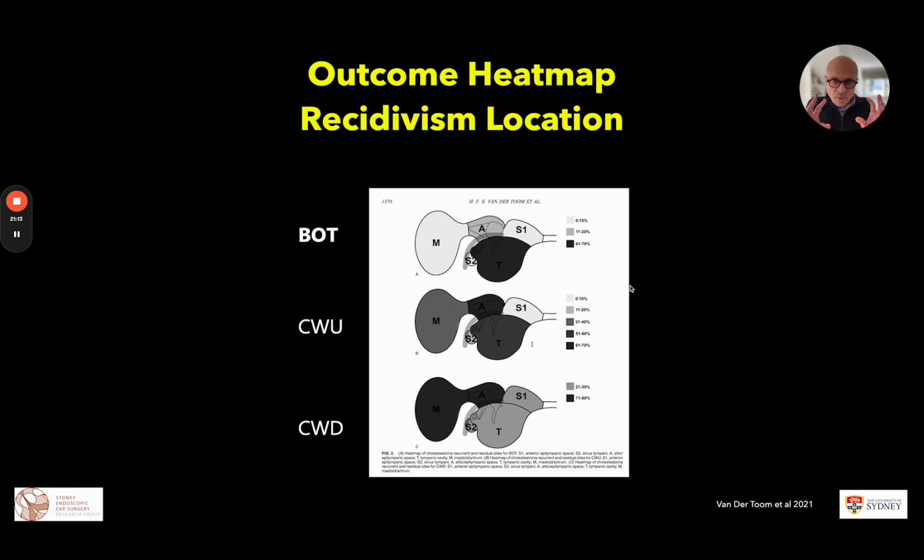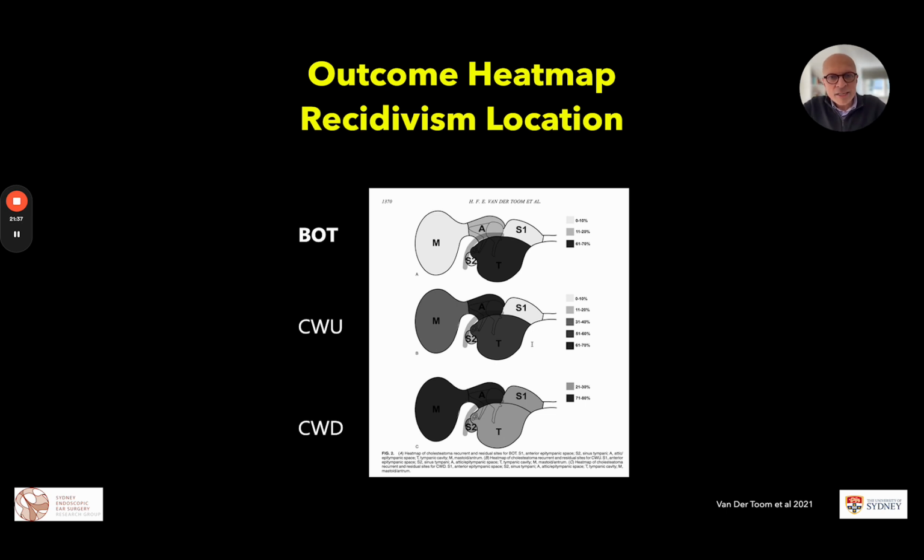Now, we know that we've got several randomized research trials in adults that demonstrate that the use of the endoscope in the middle ear has advantages compared to the microscope and lower residual rates compared to the microscope. And I have to highlight to you that Van der Toom's group are not endoscopic surgeons.